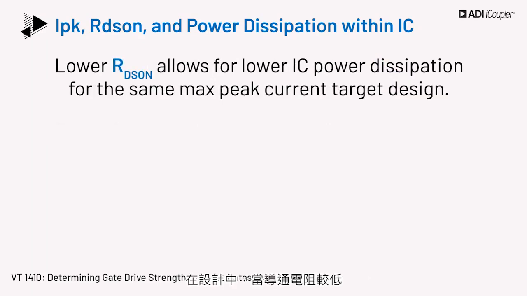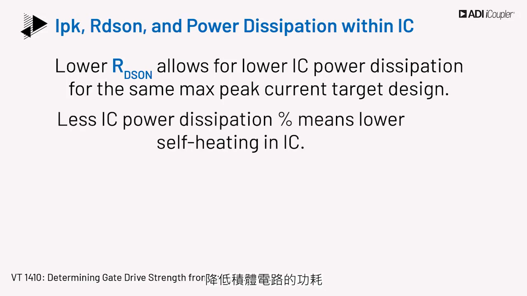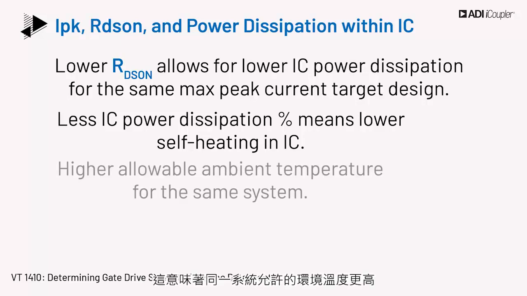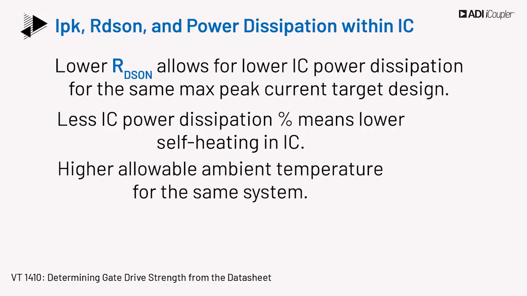Lower RDS(on) allows for lower IC power dissipation for the same max peak current target in a design. Less IC power dissipation percentage means lower self-heating in the IC. This means higher allowable ambient temperature for the same system.